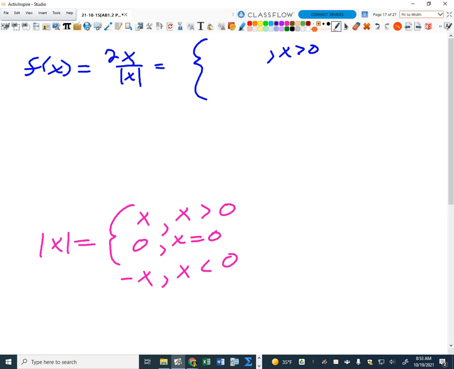X, right? I just get 2x over x, which is 2. Okay. If x is negative, what would it be? The absolute value would be replaced by a negative x, right? And I'd get 2x over negative x, negative 2. Everybody see that?